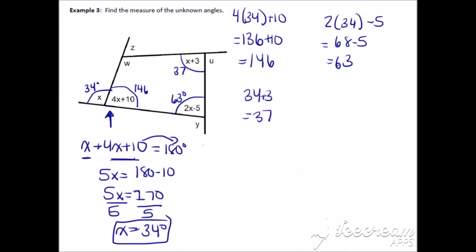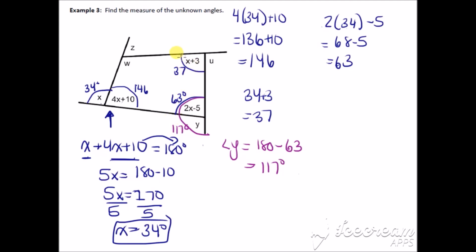Supplementary angles are really easy to solve for. So we can do angle y equals 180 minus 63, and I get 117 degrees. You can double check that those two numbers add up to 180.